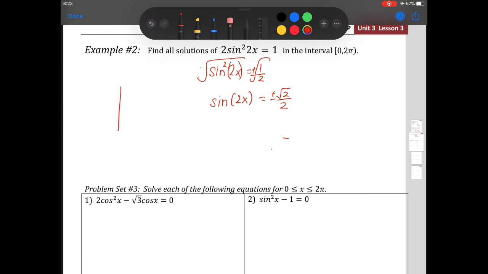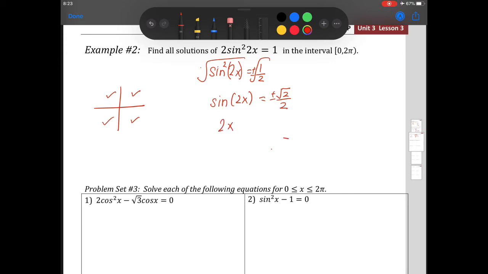So now, where is sine positive and negative? It's positive in the first 2 quadrants, and it's negative in the last 2. So I'm going to list all the x values where sine is rad 2 over 2, positive or negative.